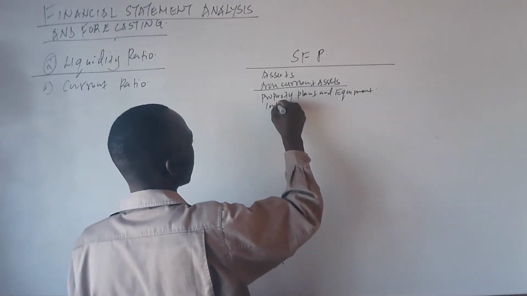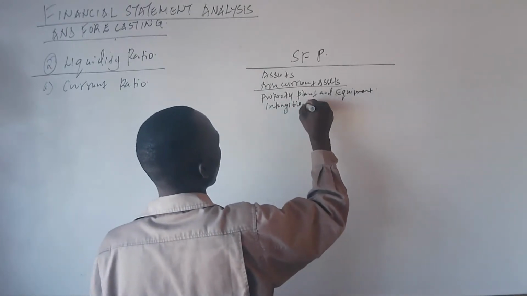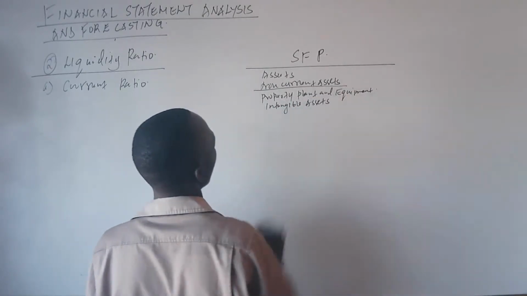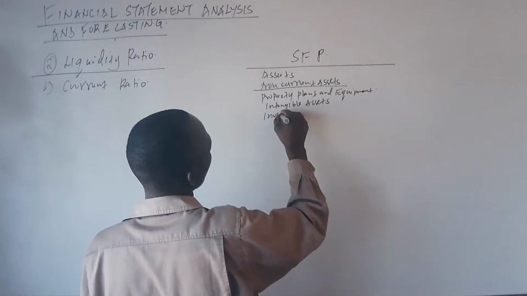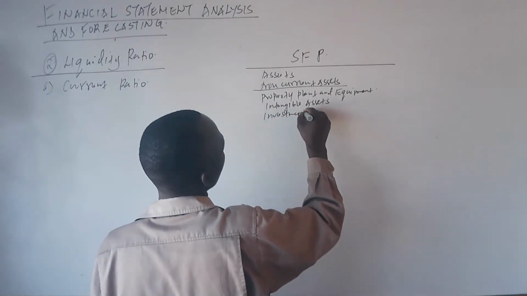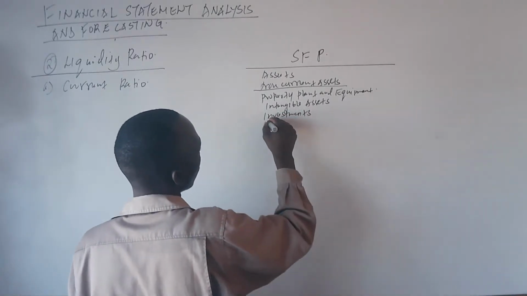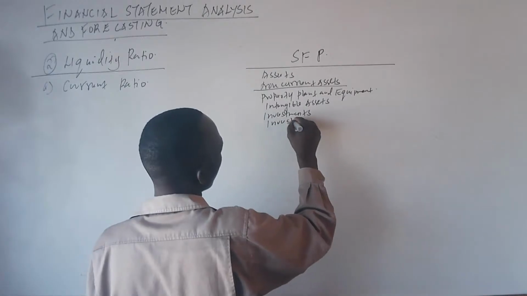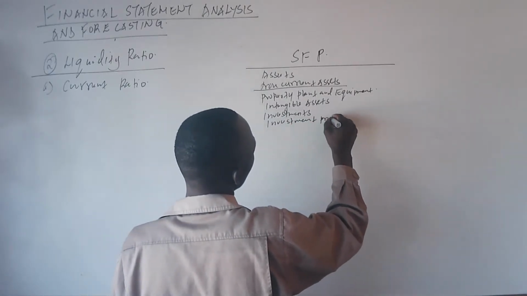Then we have intangible assets, then investments, and also investment property.